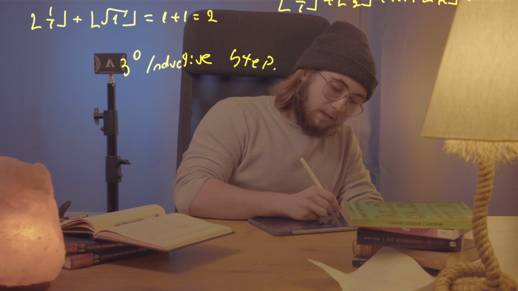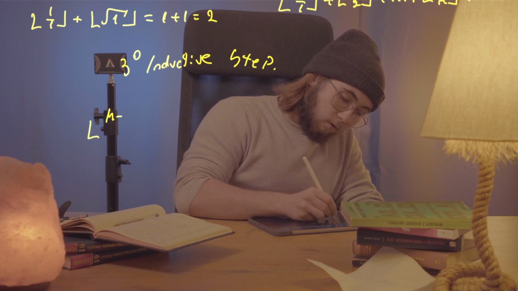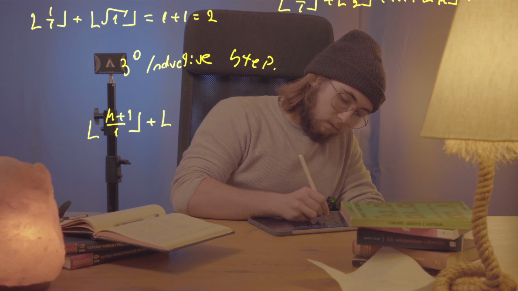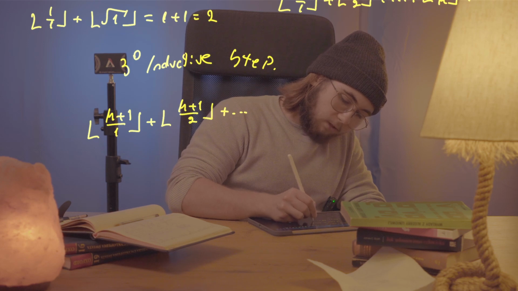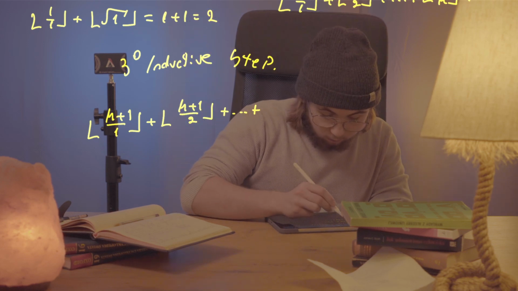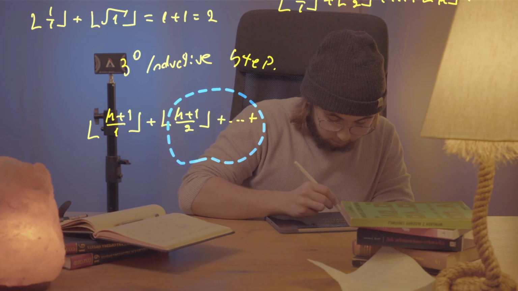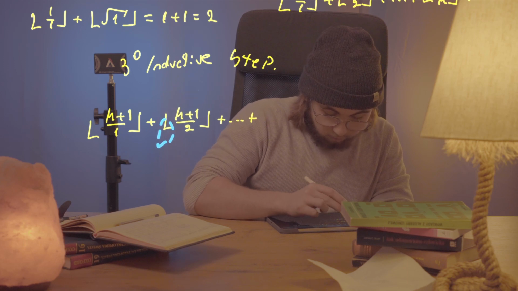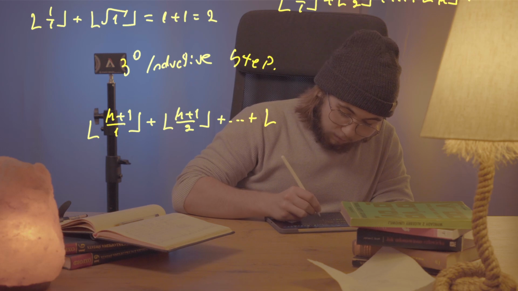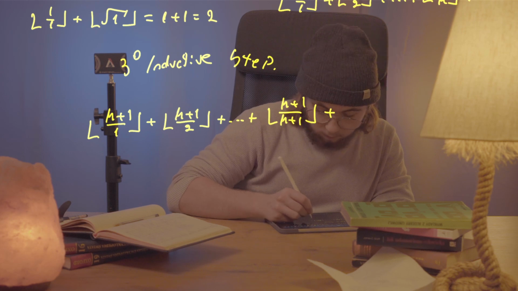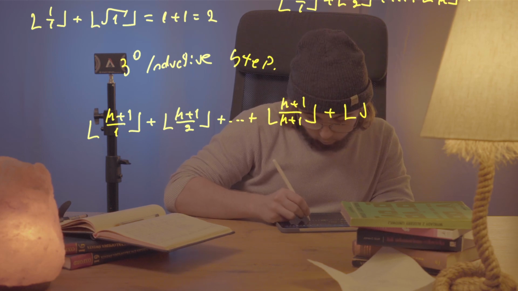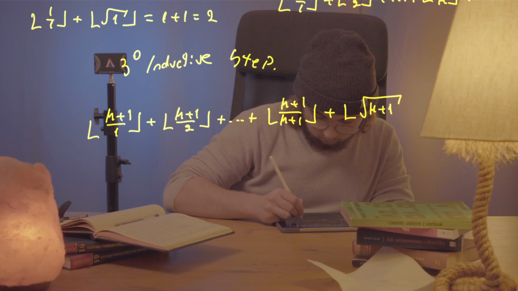Okay, so now I would like to prove that the floor of k plus 1 all over 1 plus k plus 1 all over 2, and we're just gonna be summing stuff up, all the way up to k plus 1 over k plus 1 with a floor taken off of it, plus the floor of the square root of k plus 1.